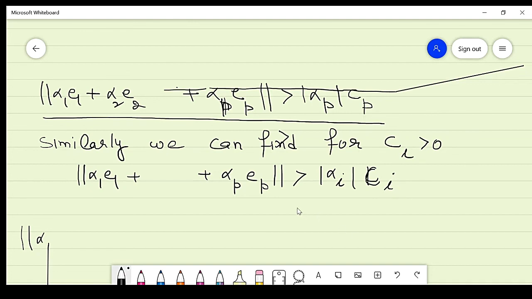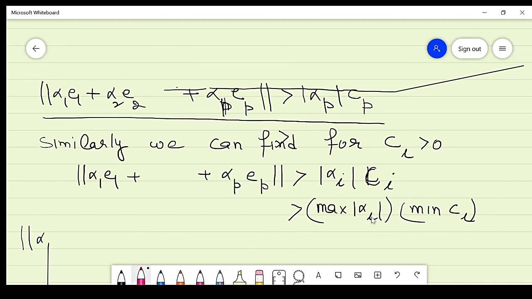Clear? Now this value is greater than, here I take the maximum, and here I take the minimum of Ci. So there is no difference in the equation. Here the maximum and second is the minimum. Why am I taking maximum and minimum? Because my purpose is to find the norm of 0.